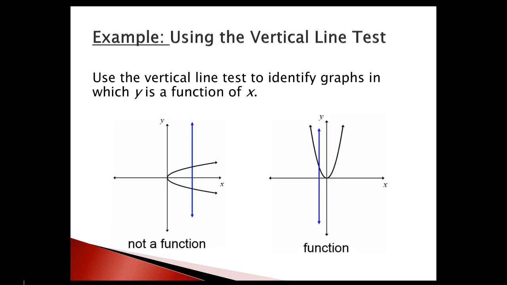And if it intersects only once, then we can define this graph is a function. If x has two values of y, we always define that graph is not a function. And if x has only one value of y, then we can define that graph is a function.